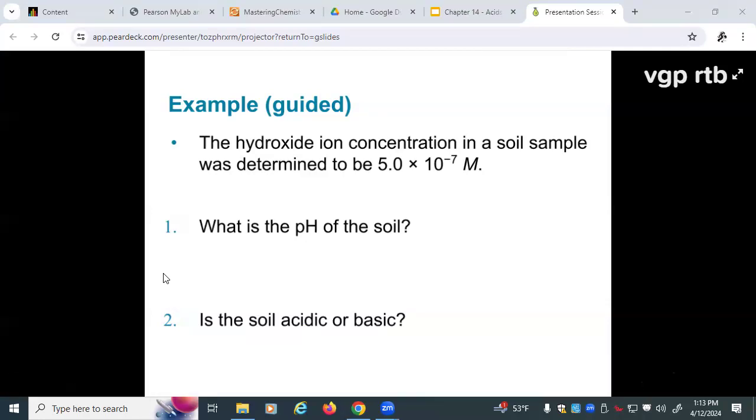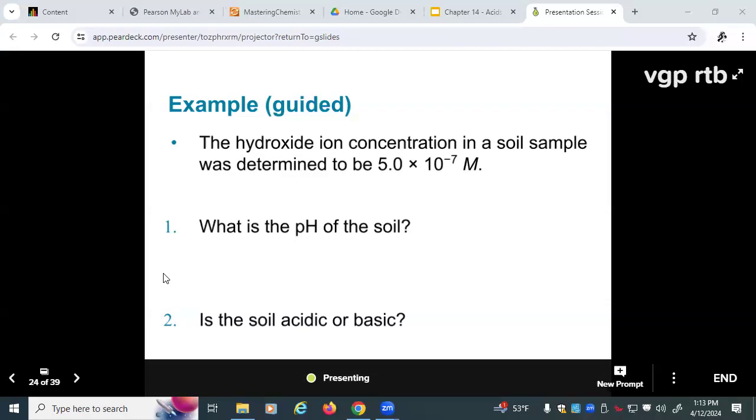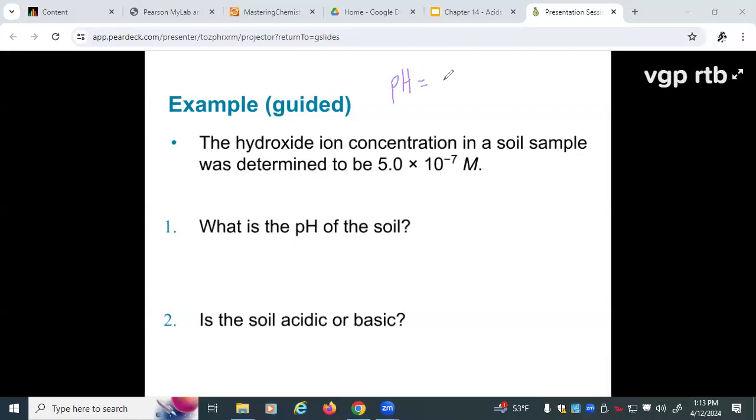Now we have an example of where we're trying to do calculations of pH from concentrations of hydronium or hydroxide. Now, the key trick here is, again, recognizing our definitions. pH is equal to the opposite of the log of hydronium concentration.